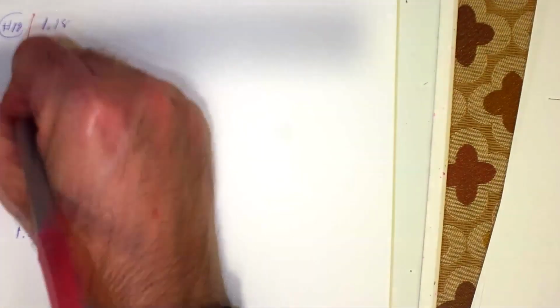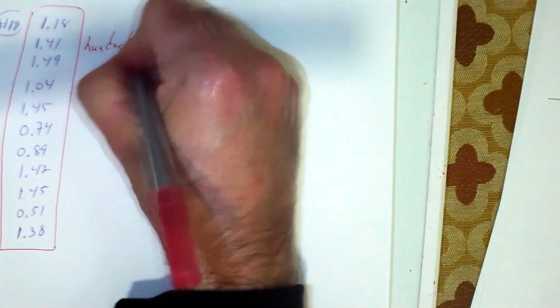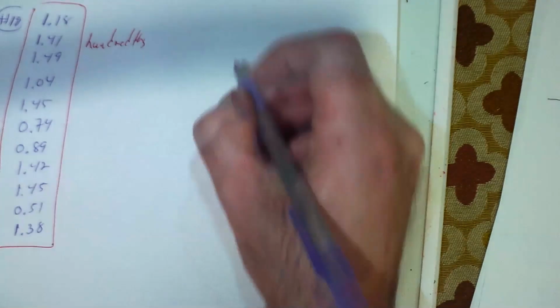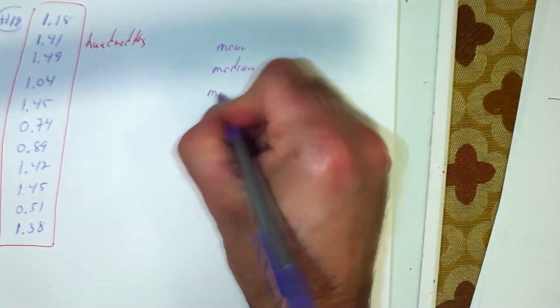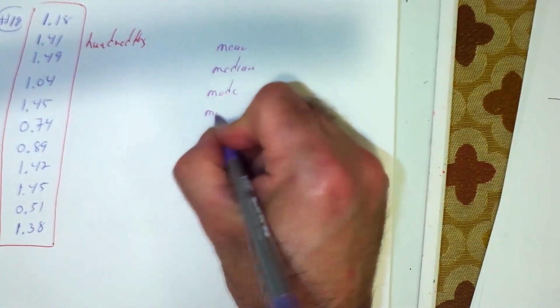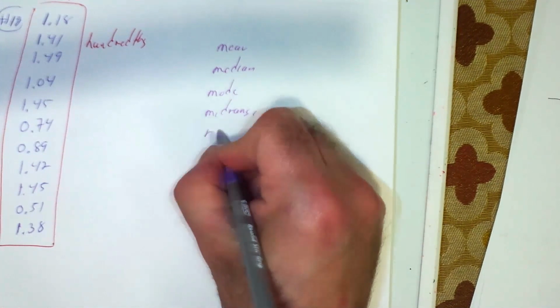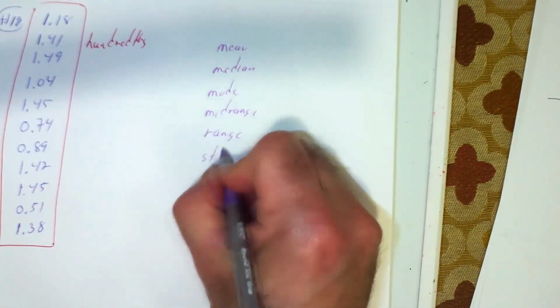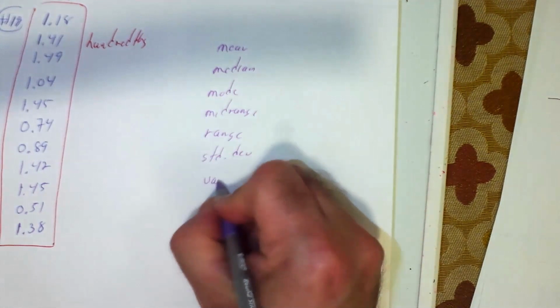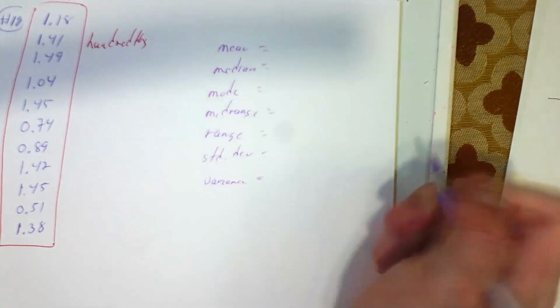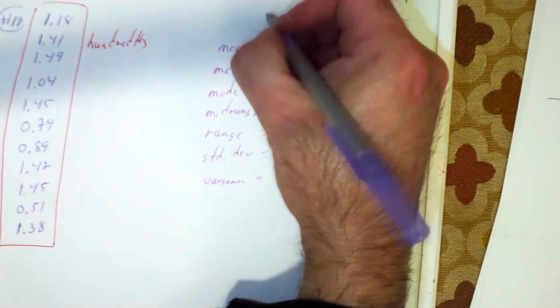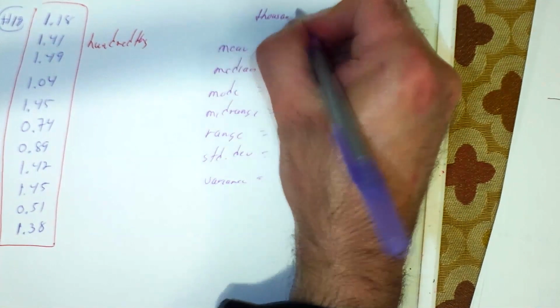All right. So these are all in hundredths. So when I find my mean, median, mode, mid-range, range, standard deviation, variance, they have to be in thousandths, or 3 behind the decimal.